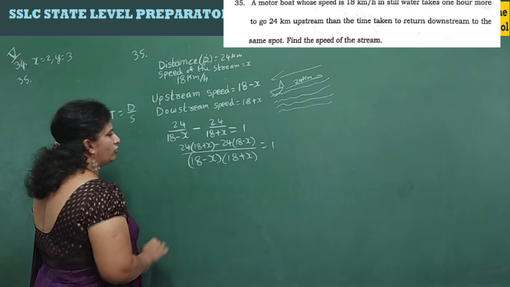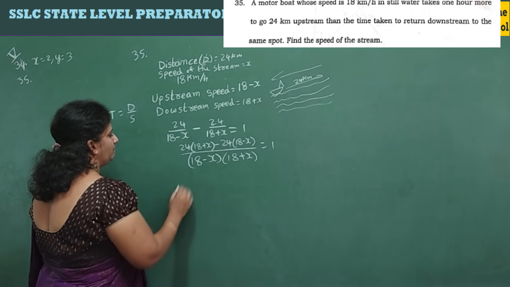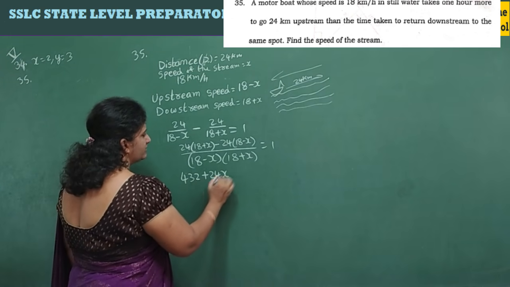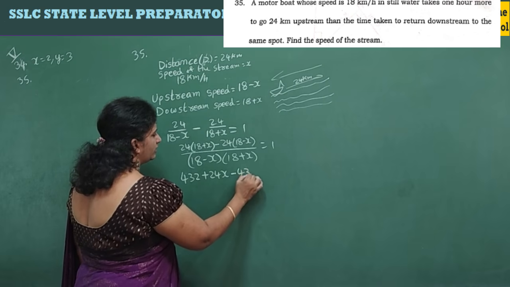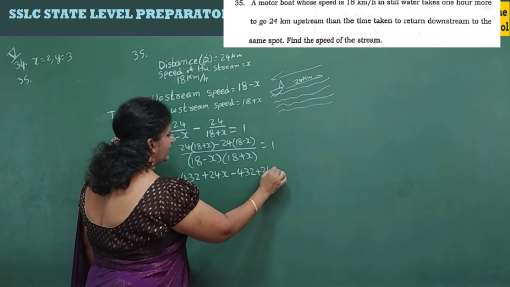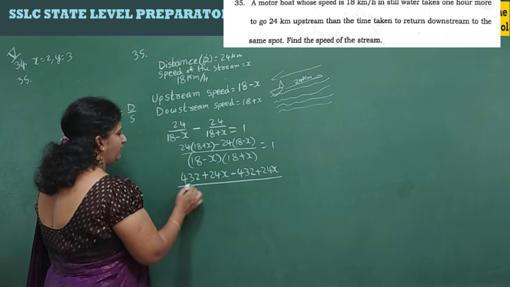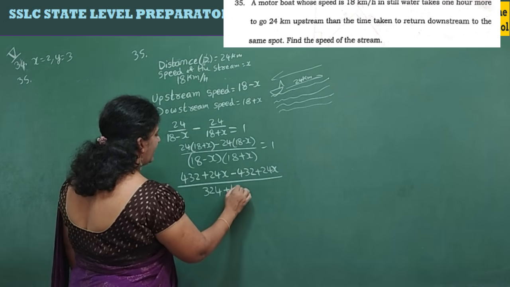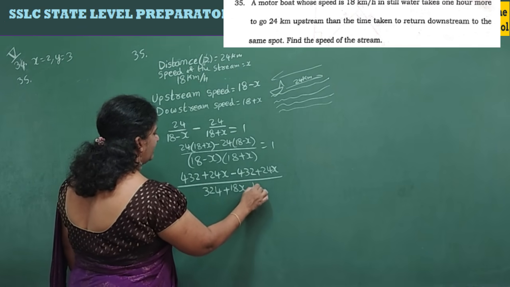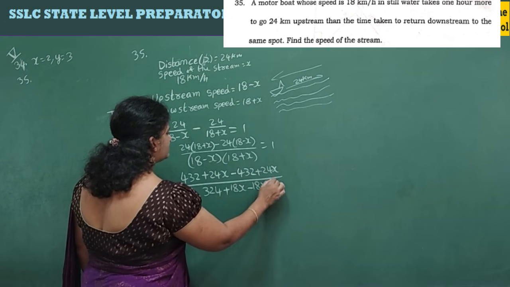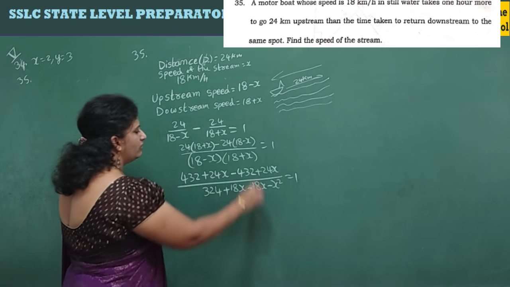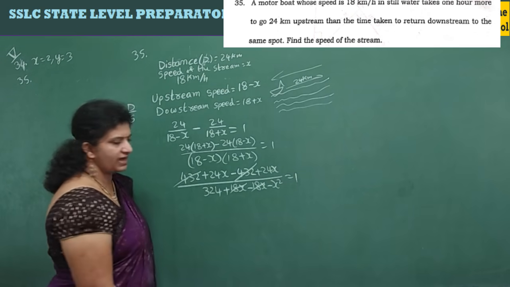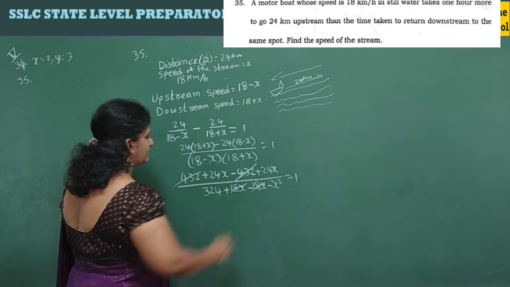Now 24 into 18 multiply, 432 plus 24x minus 432 plus 24x by 18 18s are 324 and plus 18x minus 18x minus x square is equal to 1. Minus 432 plus 432 cancel. 18x minus 18x cancel. And now these two send other side.